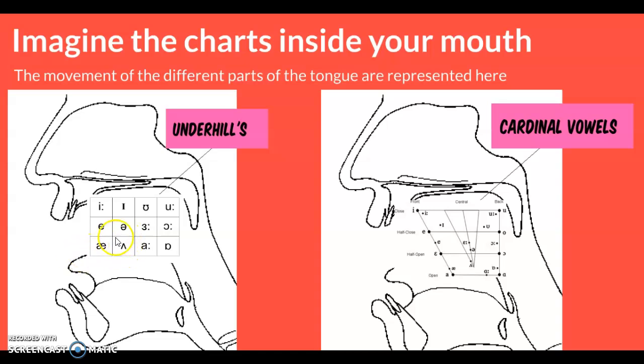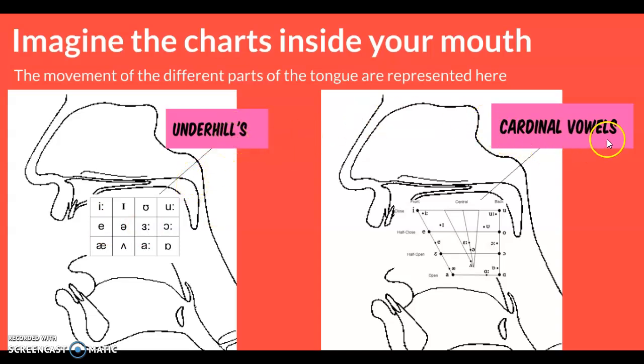So for example, if I want to say the sound, it is a low sound or open because it's very far from the roof of the mouth, the hard palate. So it's a low or open sound. Front, the tongue will move far away from the roof of the mouth and also to the front. And this is according to Underhill's chart.